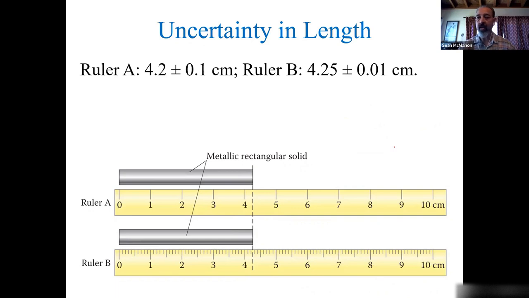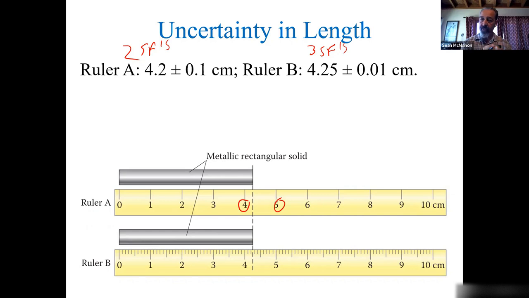So ruler A, there were only 2 sig figs, and it only went to the tenths because the graduations were the ones. Ruler B, there were 3 sig figs. So what does that mean? It's more precise. Why? Because its graduations went to the tenths, so my estimate was to the hundredths.